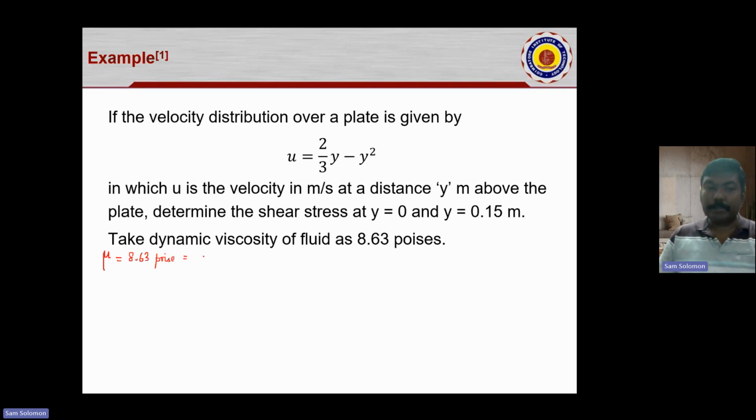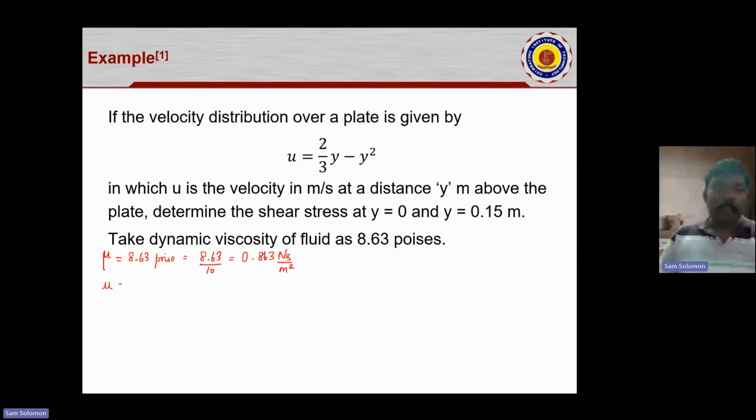So what we know is 1 poise is equal to 1 by 10 Newton second per meter squared. So 8.63 divided by 10 gives us the value in Newton second per meter squared. So we can convert that to SI units.